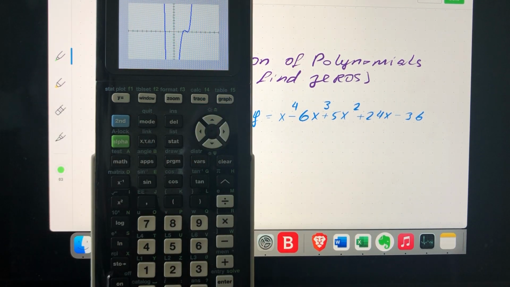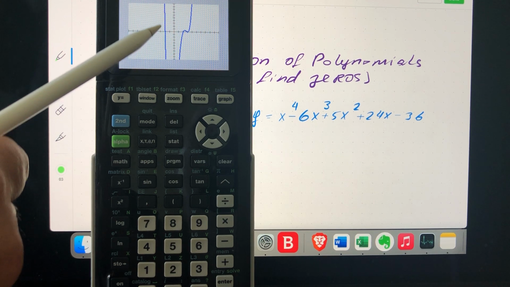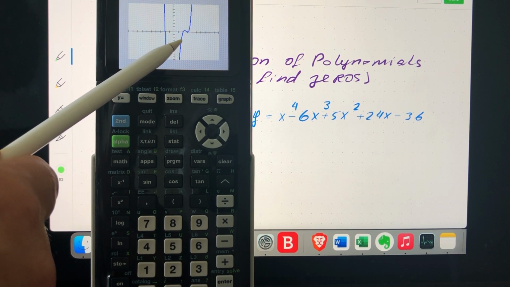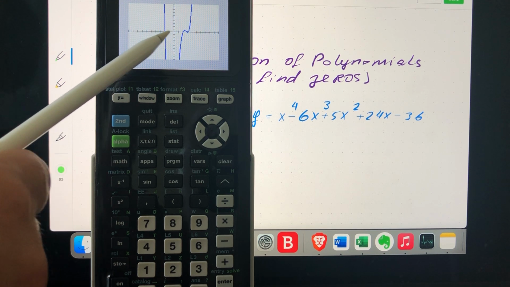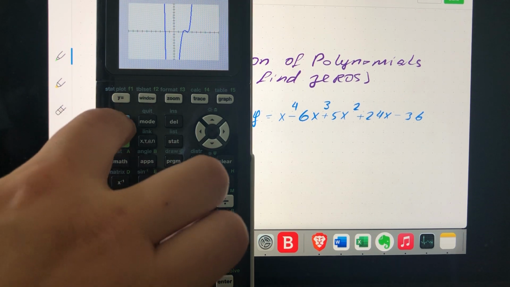From the picture, it looks like -2 might be a good guess for a zero, and then something between 2 and 3, and then maybe a 3 again.